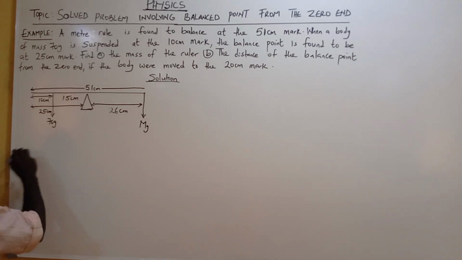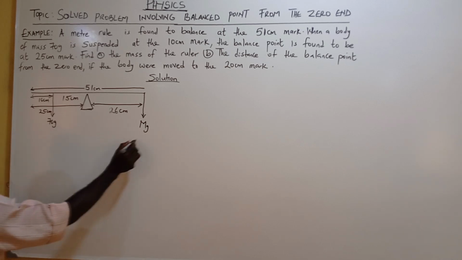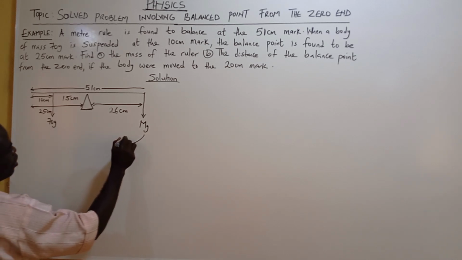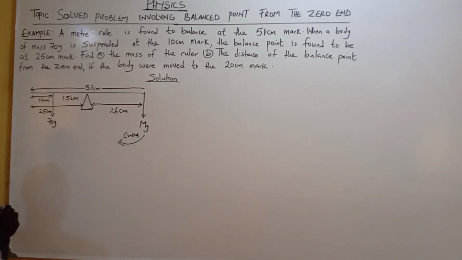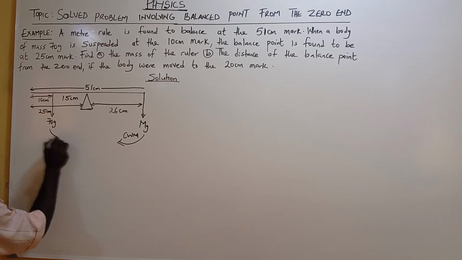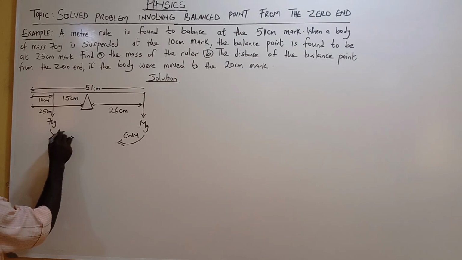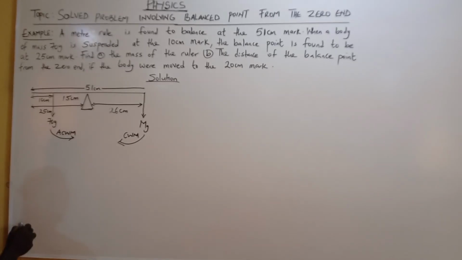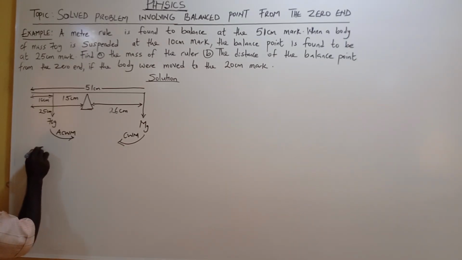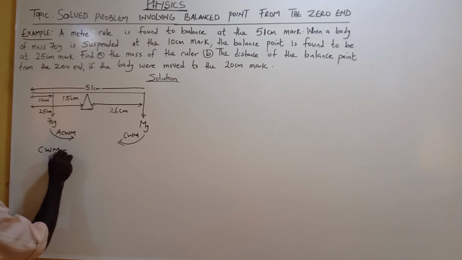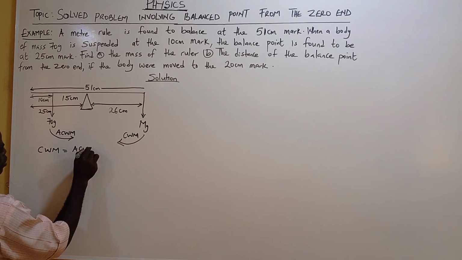Now, let's go to conditions of moment of a force. This is the clockwise moment, as condition of equilibrium when the system is in equilibrium. This is the anti-clockwise moment. Now, the condition of equilibrium is clockwise moment equals anti-clockwise moment.